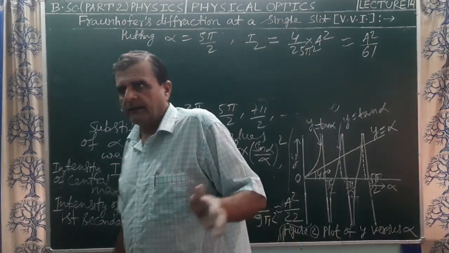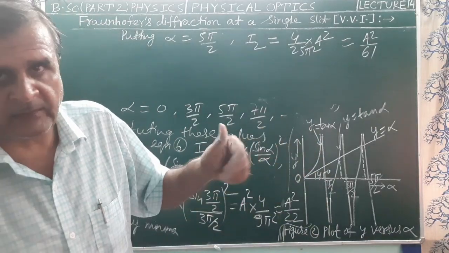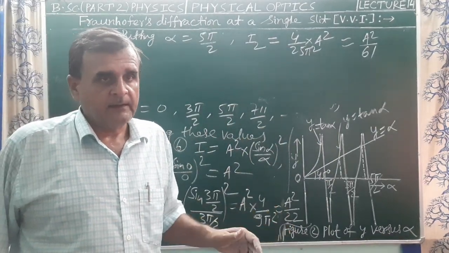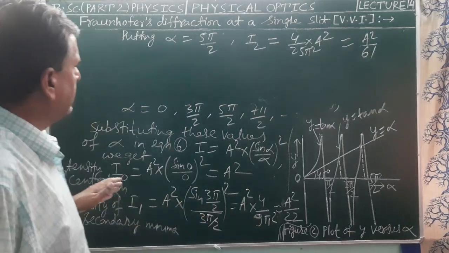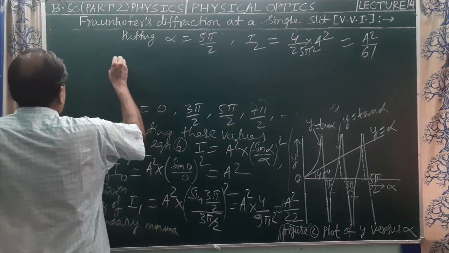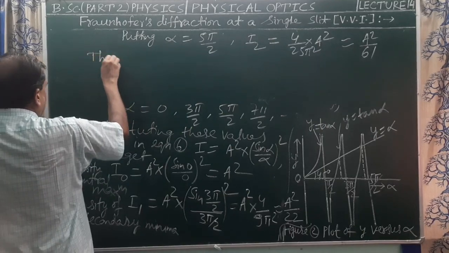Thus, we can obtain the ratio of the intensities of successive maxima in the case of Fraunhofer diffraction at a single slit.